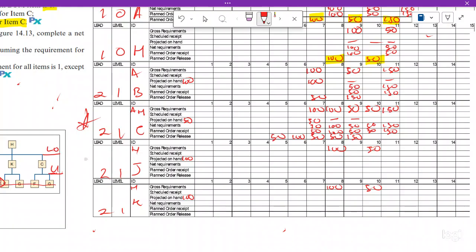Then this one has 100. This one also has 100. And that part is gone. This one is a dash. This one is a dash. Then 50, 50, 2 weeks. 50. 50, 50, 2 weeks. 50.